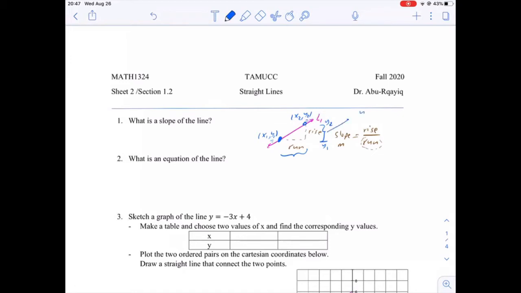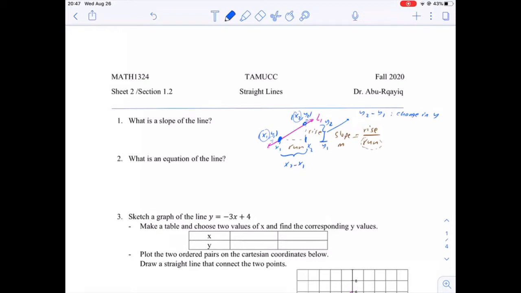So this distance is y2 minus y1. This is called change in y. And here for run, this is x1 and this is here x2. That's the horizontal distance. So run is x2 minus x1.